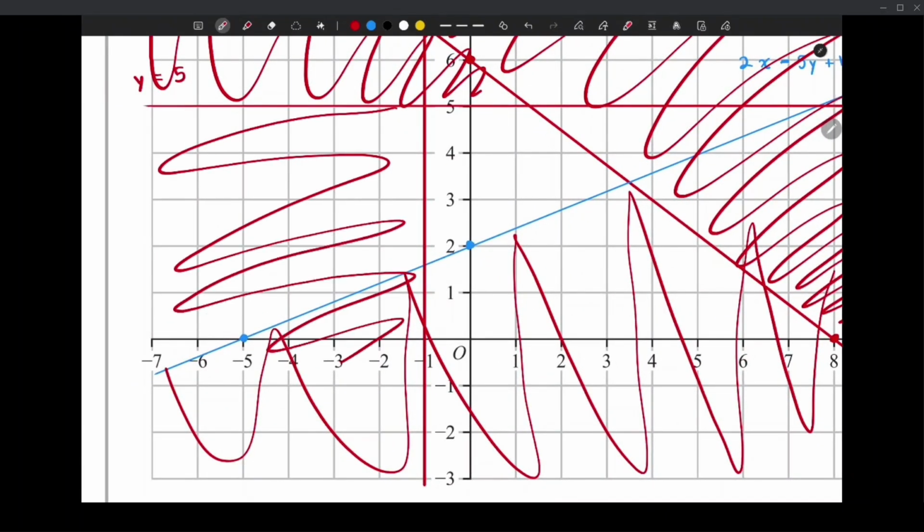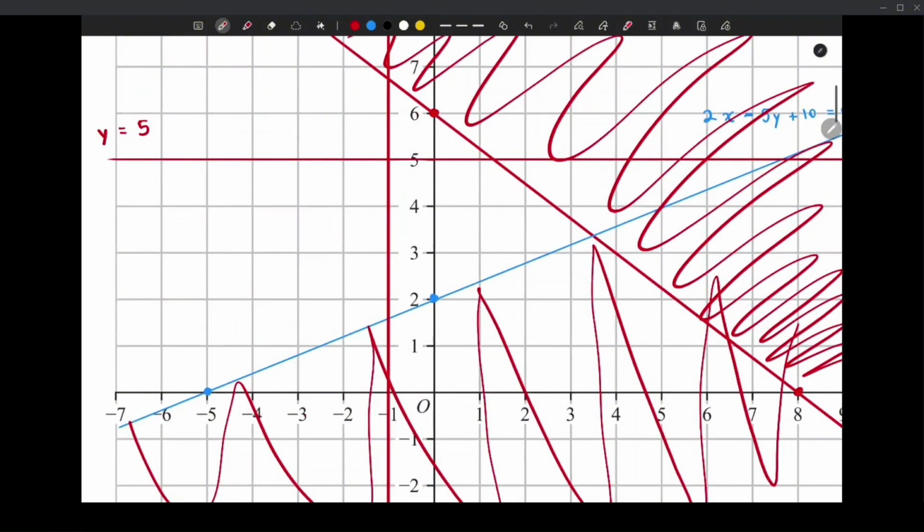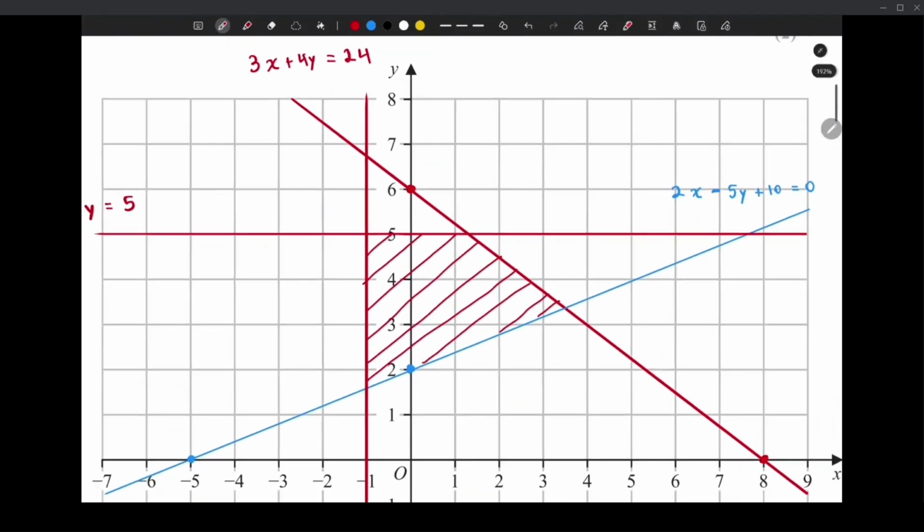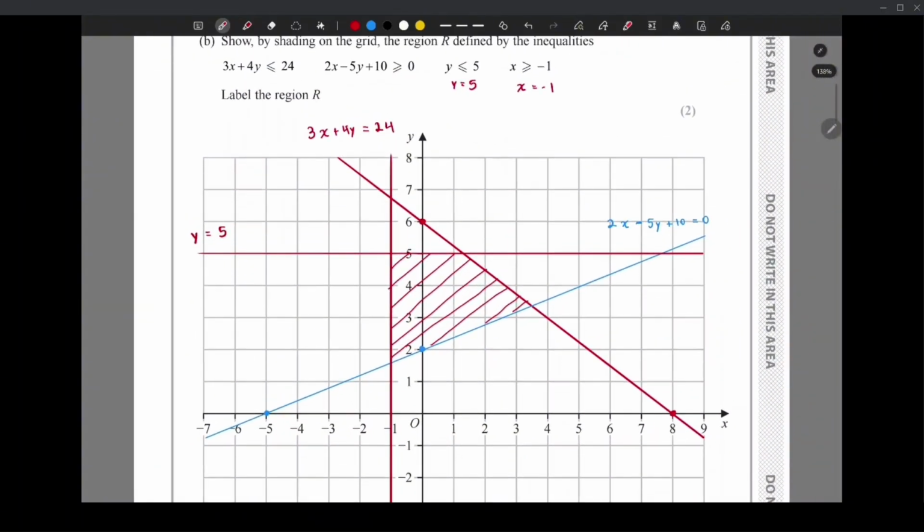So the only region which follows all of these inequalities is this one. So this is the region R. And that is it for this question.